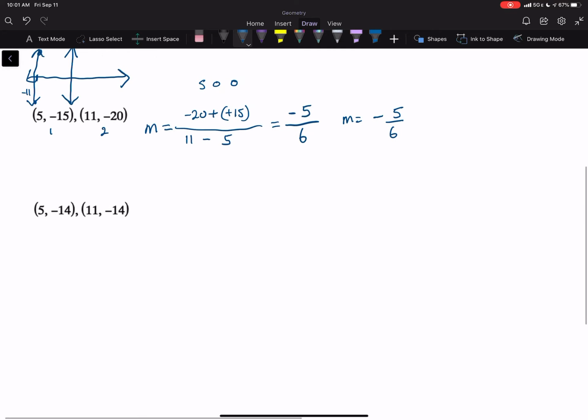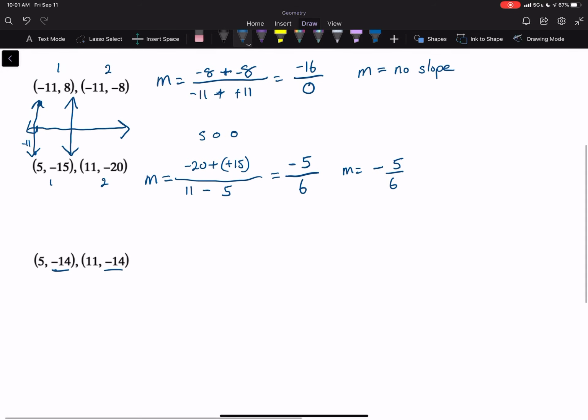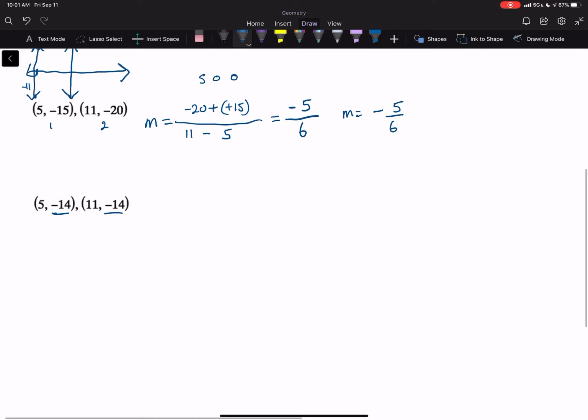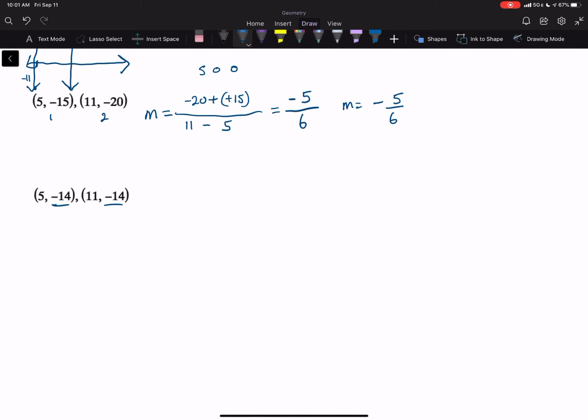Last example for today, and notice that we're going to have some same numbers here. So this is either a horizontal or vertical line, and if I go back up here and look at the negative 11s, I can say that if the x's are the same, it's vertical. If the y's are the same, it's horizontal. So this one's going to be horizontal. So you could theoretically just know this one, but let's solve it and we'll see how it works. On top, we're going to have negative 14, and this is the second one.